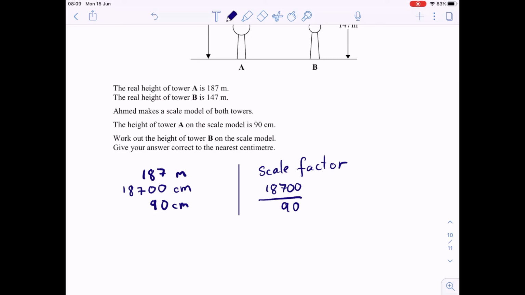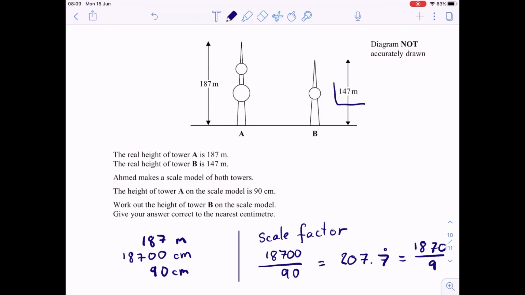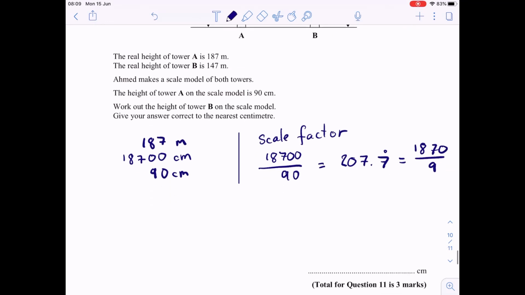Let's type that in, 18700 over 90. It's not a very nice number. It comes out at 207.7 recurring, or if you want to write it as an exact value, as a fraction, your calculator will give you this as 1870 over 9. We need to use that scale factor to go from our value of B to a centimetre.